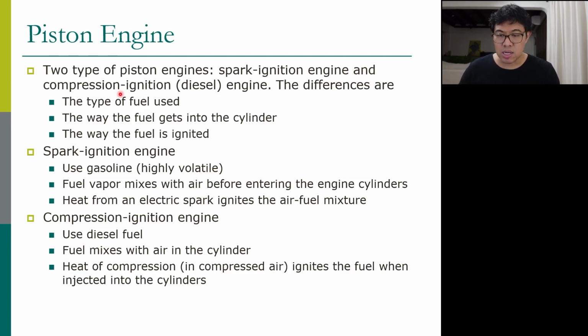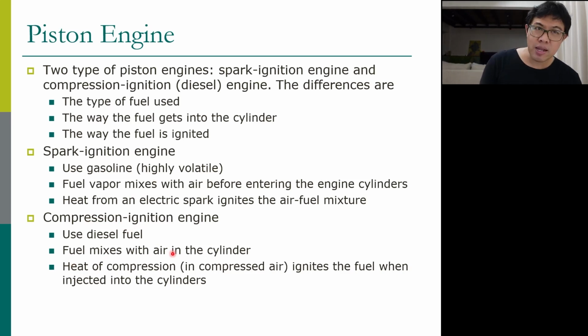The second difference is the way the fuel gets into the cylinder. For the SI engine, the fuel vapor is mixed with air before it gets into the cylinder, and then the spark comes later. But for the CI engine, the fuel is mixed with air in the cylinder. It's a little bit different.